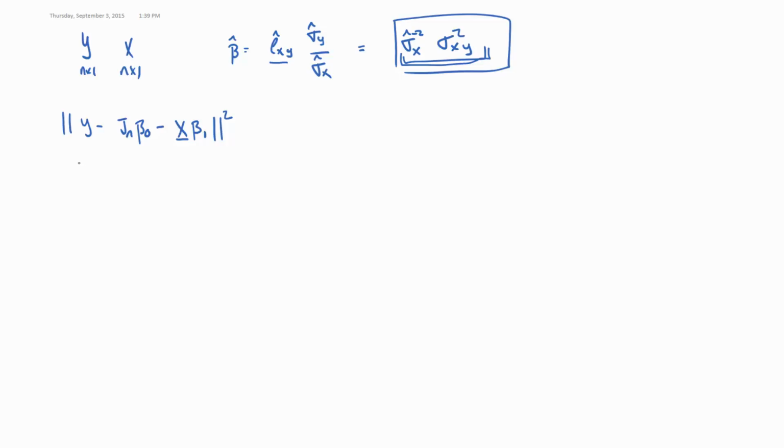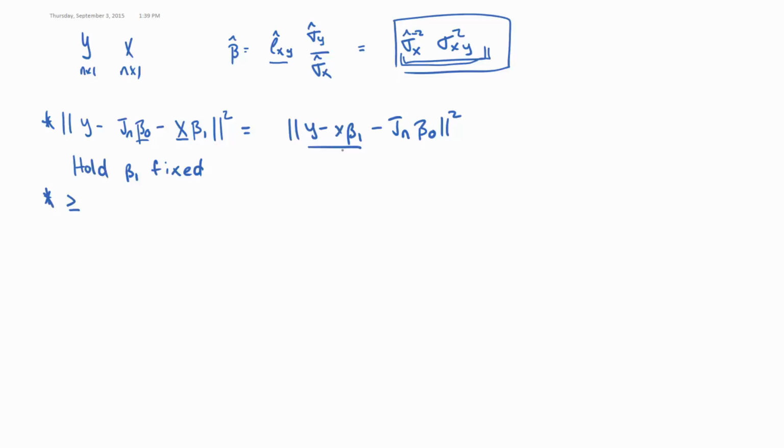Imagine we hold beta 1 fixed, not beta 1 hat. Then we know that the asterisk has to be greater than or equal to the value when we plug in the solution. With beta 1 fixed, the solution for beta naught has to be, let me rewrite it here so we can see it, y minus x beta 1 minus jn beta naught, squared.